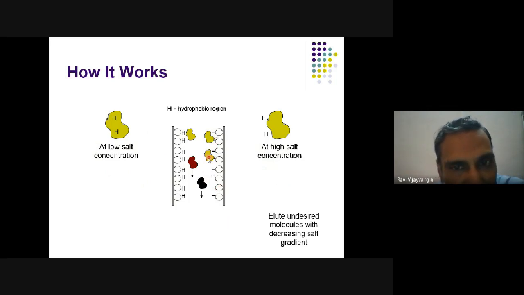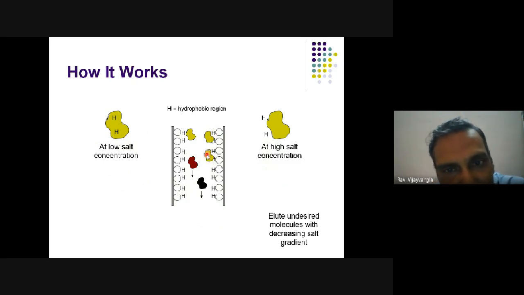Proteins which don't have hydrophobic residues will not interact and will be washed away from the column, while the proteins which have hydrophobic residues will interact with the hydrophobic column and be retained. This is the first binding of the protein to the column.